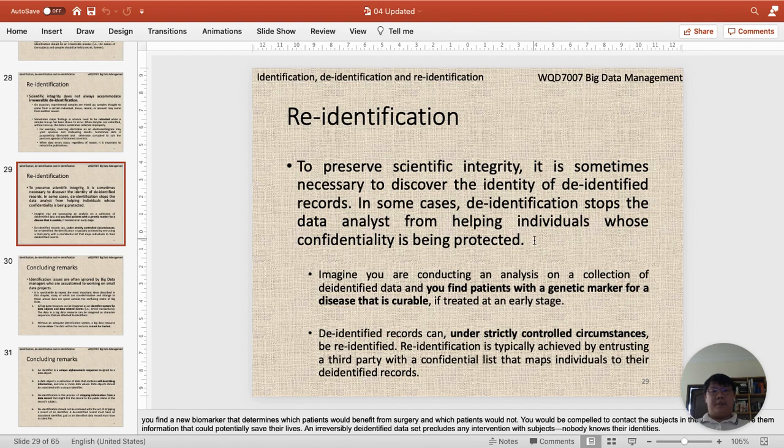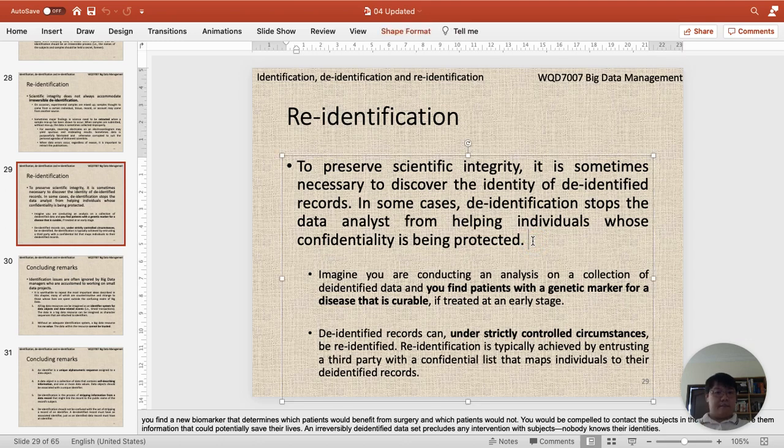In some cases, de-identification stops the data analyst from helping individuals whose confidentiality is protected. You need to imagine a medical scenario, where a patient provided you a set of data, you are doing research using this set of data, and somehow you find a cure for this particular patient.